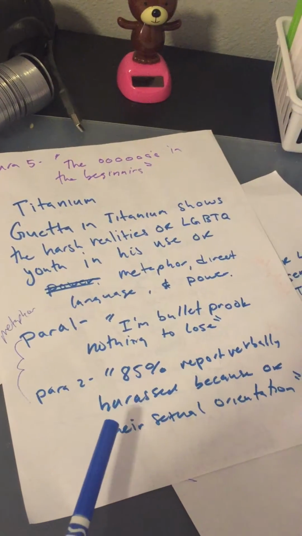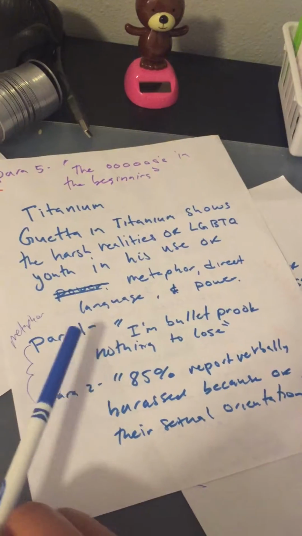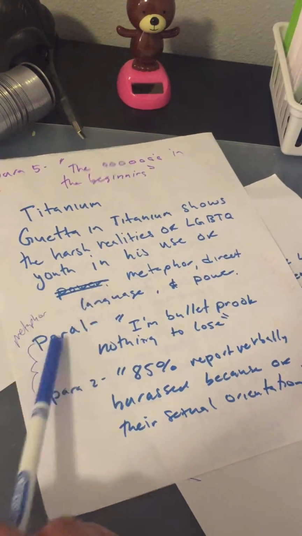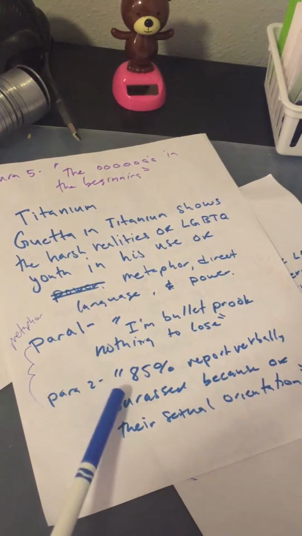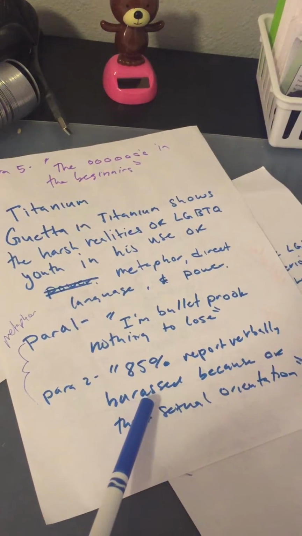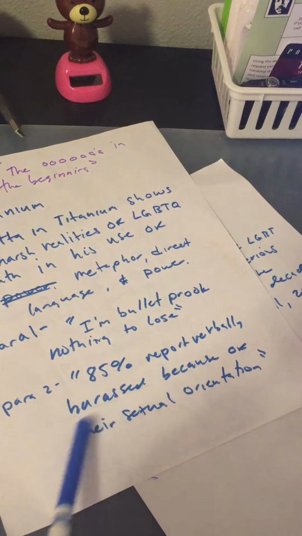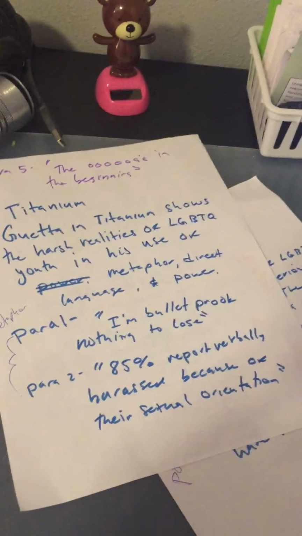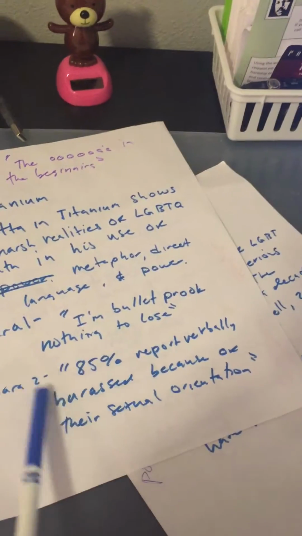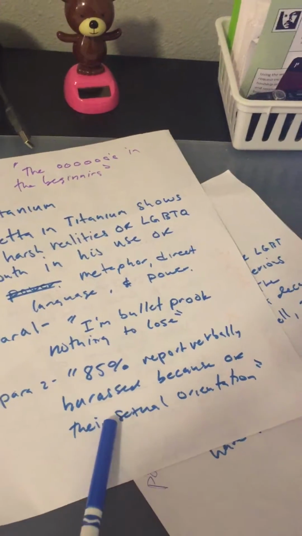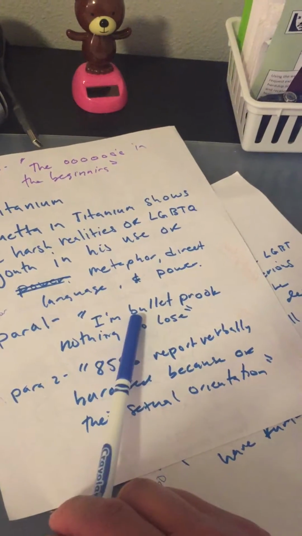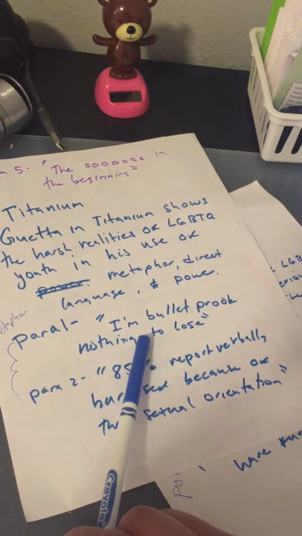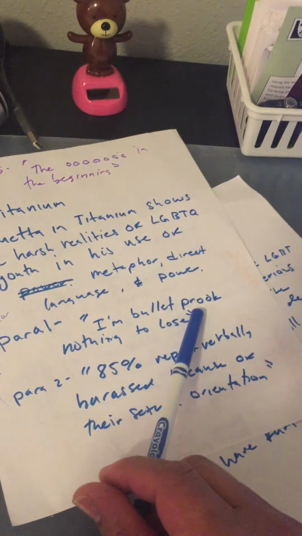Okay. One more thing though. This could have gone first and this could have gone second. So if you did put the articles first to kind of set the context and say maybe 85% of youth are verbally harassed because of their sexual orientation, well then you can put that first and then talk about how that report showing this crazy number means youth that identify LGBTQ possibly have to be used to this abuse, and hence they're bulletproof, nothing to lose.